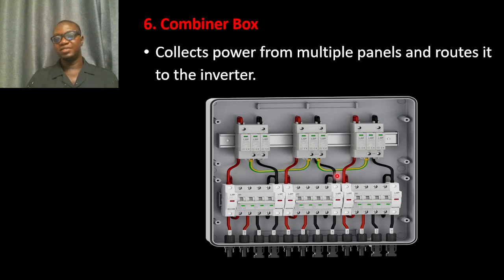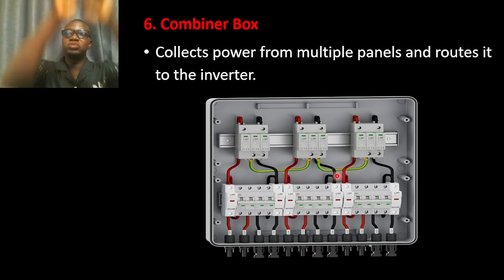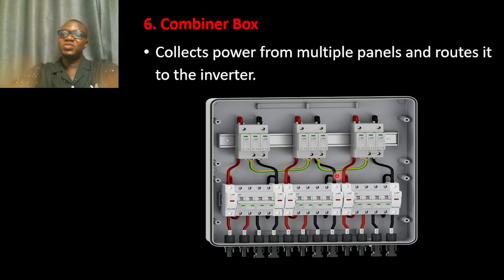And lastly, we have the combiner box. This combiner box collects power from multiple panels and routes it to the inverter. Just like the name says, it combines panels together so that they have one output that goes to the inverter. The combiner box has breakers and a surge protector in it.